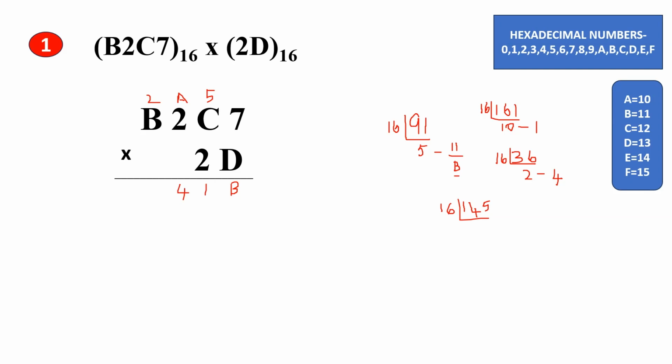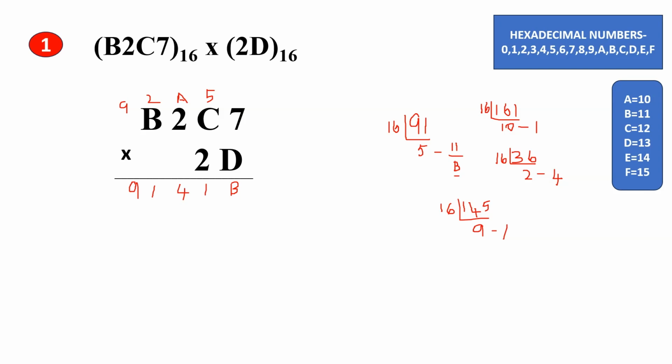So you get the quotient 9 and the remainder 1. So write the remainder here and the carry goes here. You can write the carry here itself.